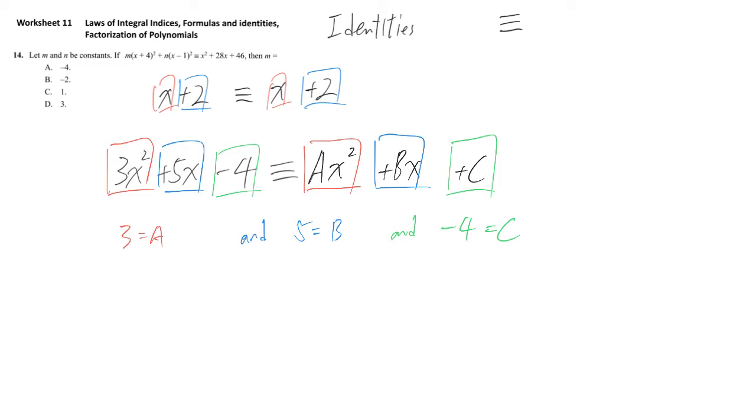And this kind of technique to draw the conclusion is called comparing coefficients. Coefficients mean the number in front of the variable. So the coefficient is 3 compared with a here. 3 is equal to a. That's how we solve the identity problem.